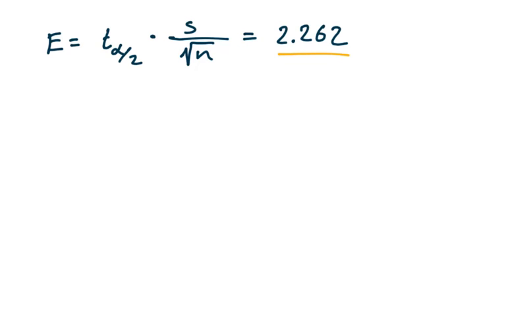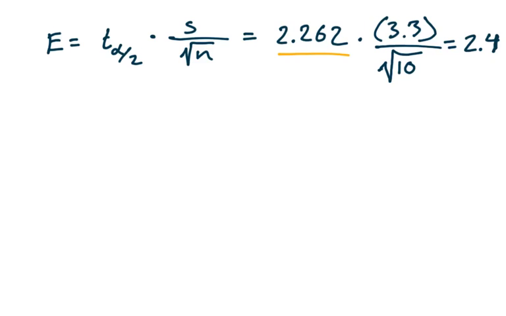It's still 2.262. The rest of the calculation is we plug in 3.3 in place of the sample standard deviation and then divide by the square root of 10. What this works out as is 2.4 after rounding. Our margin of error becomes 2.4.